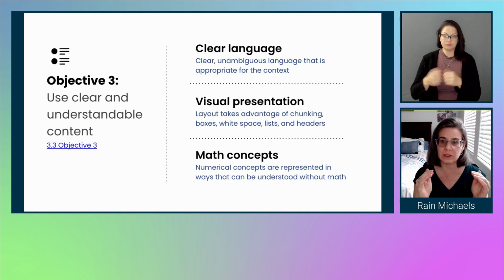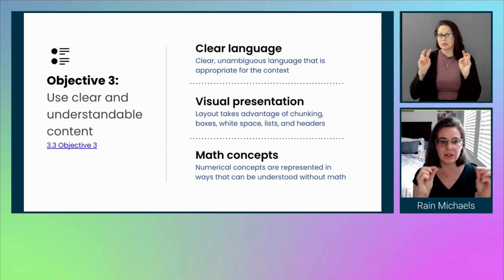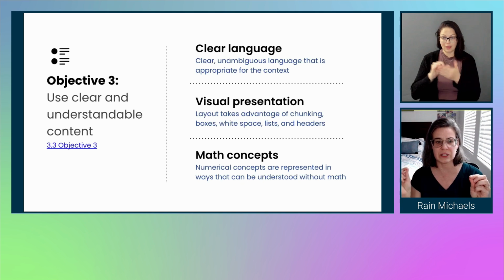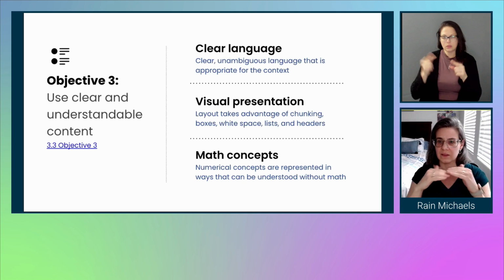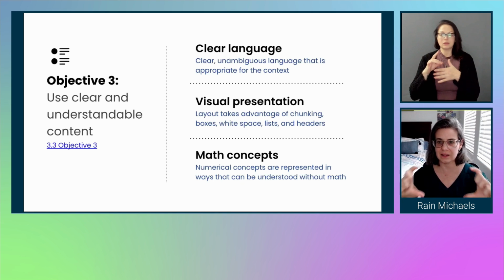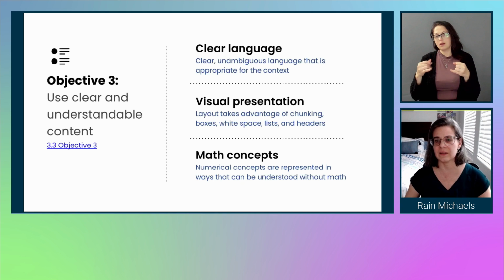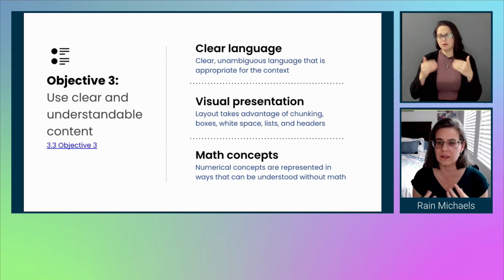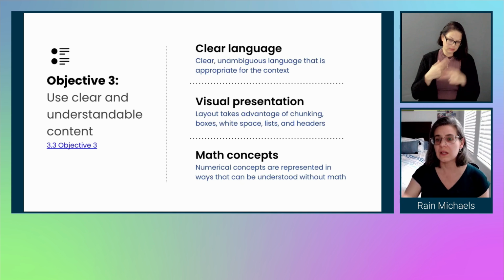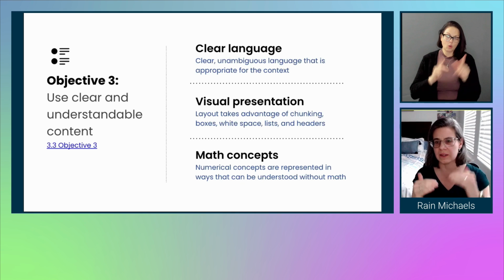So clear language is a title, and then under it, it has clear, unambiguous language that is appropriate for the context. And then there's a line, and then the next one, and then a line, and the next one. So using those kinds of formatting resources to help enable people to see where things begin and end.